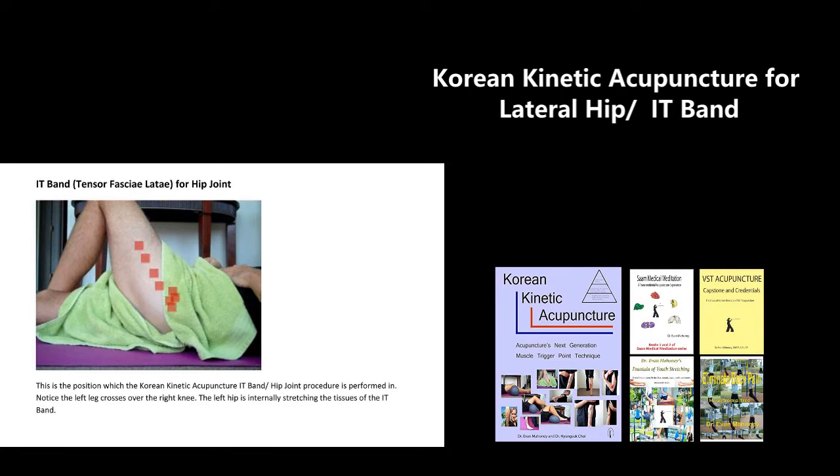You don't need to needle in that position, but you insert the needles along the area of pain on the IT band and the tensor fascia latae, and then you cross the leg over the opposite knee. So you're going to see that in the video coming up. That's going to be the position from which the kinetic acupuncture procedure is performed.